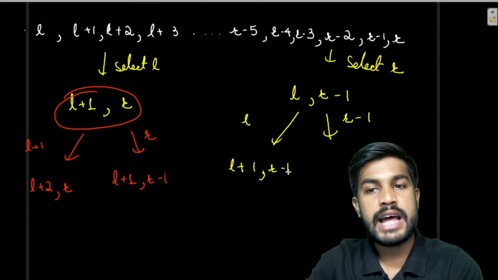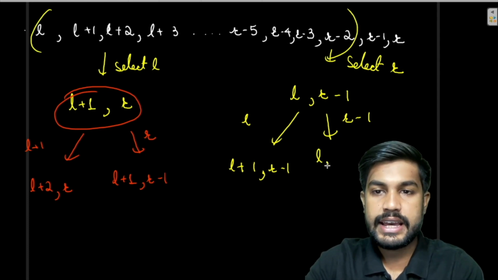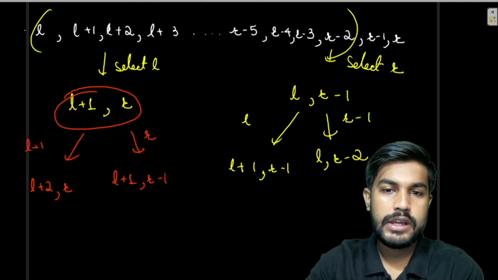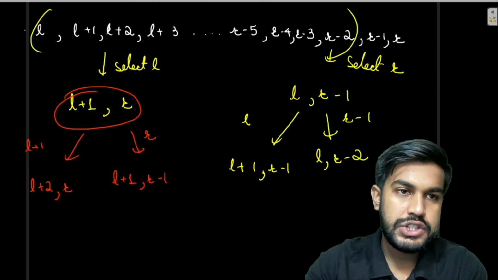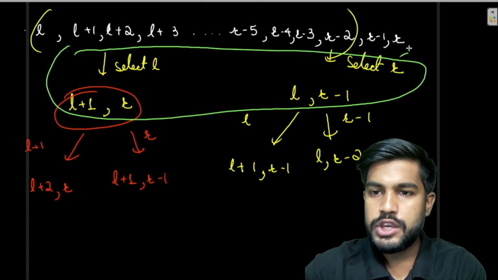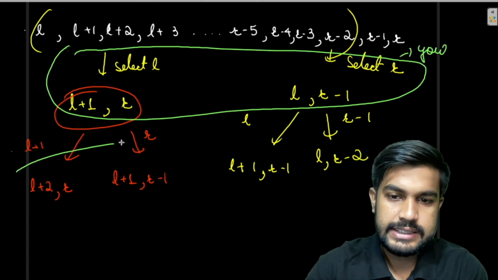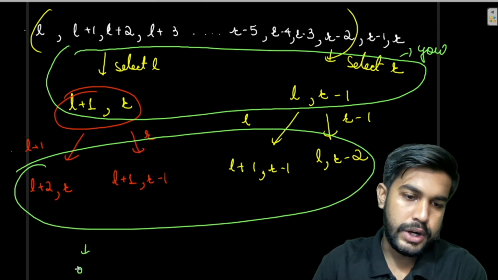If the person selects the R minus 1 value, then I would be left with L till the value of R minus 2. Okay, so now try to think in this manner. This decision is taken by you, and this decision is taken by your opponent.